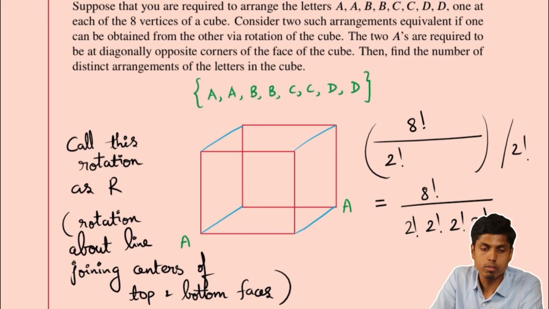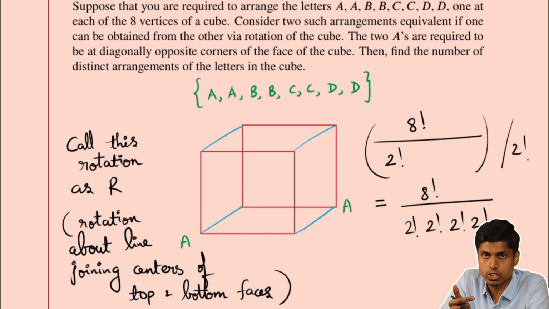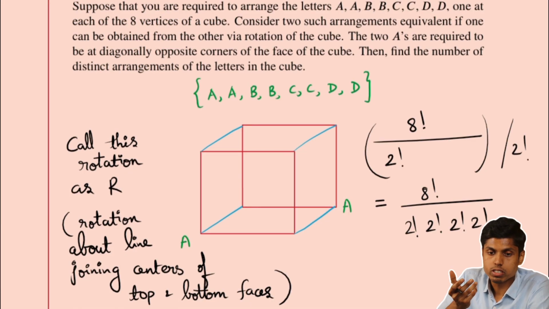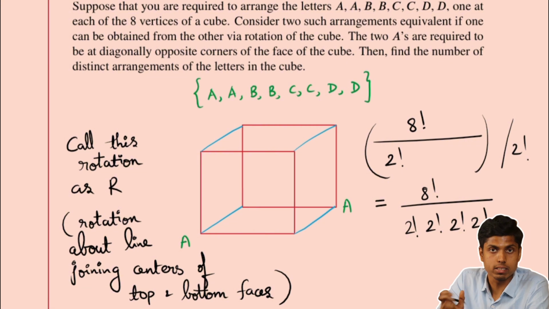Alright, so now we have fixed the positions of A. This means you can only perform this rotation. All other rotations shall change the position of the two A's. So these are absolute and they are fixed. A's are fixed.